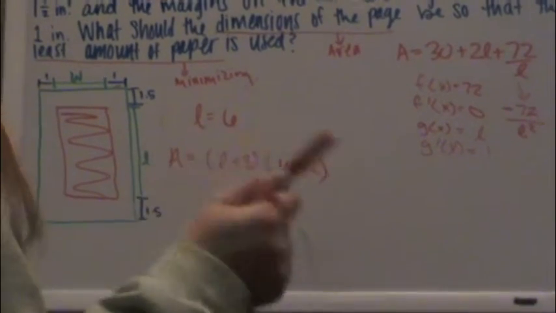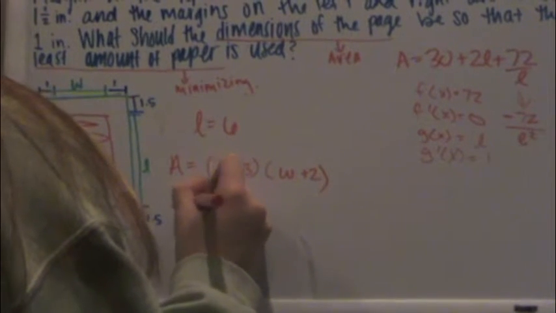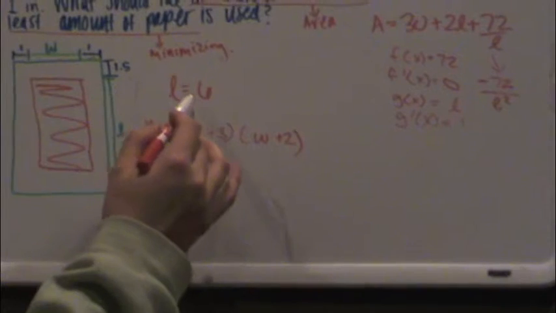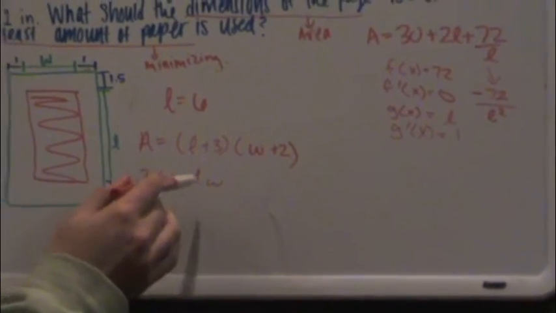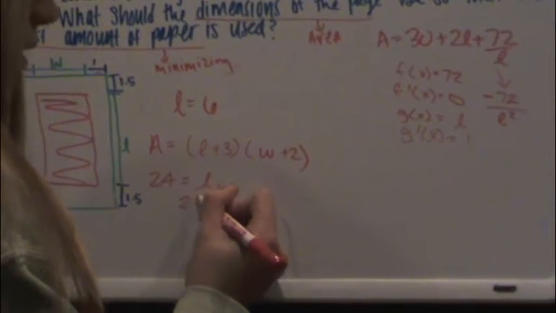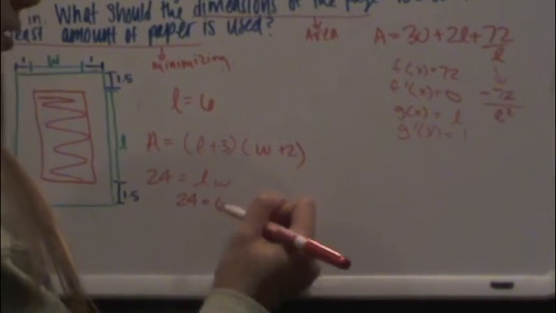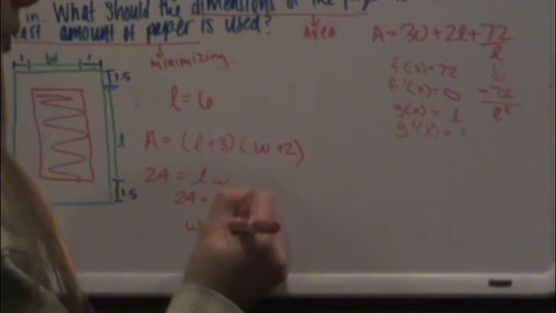We also had a secondary equation that was 24 equals L times W. If we plug this number into our secondary equation, we get what W equals. So 24 equals 6W, and W equals 4.